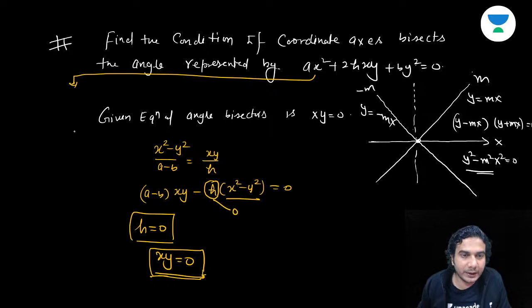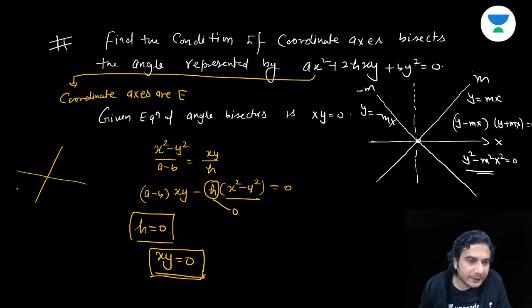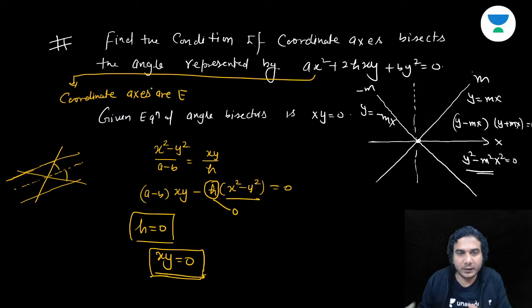The coordinate axes are equally inclined to these lines. The bisectors are equally inclined with the lines. If these two lines are given and this is the bisector, then the bisector is equally inclined to these two lines, right? This is the bisector or any line parallel to the bisector. So I just said the opposite of it.